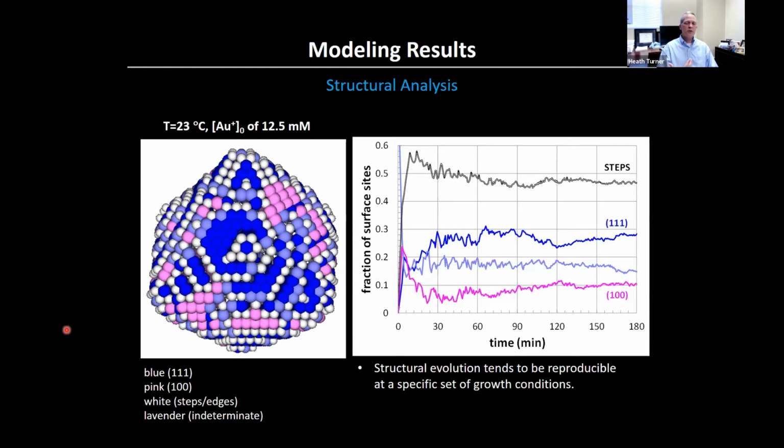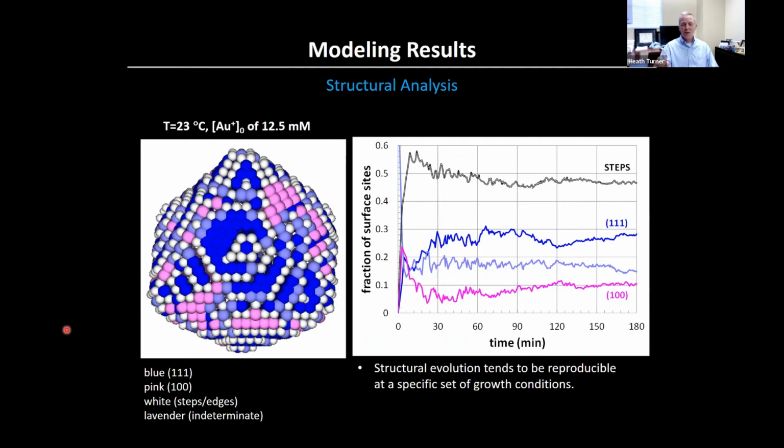And so what we can do as a function of time is we can monitor a lot of these surface features. So depending on the relative ratio of different steps, different crystal faces in these nanoparticles, this will give you very different performance if you're using these particles in applications. So if you take some of these particles and you use them in a catalytic application, or maybe some type of sensing application, biological sensing, or other kind of therapeutic application, you'll get very different performance based on the relative concentration of these features.